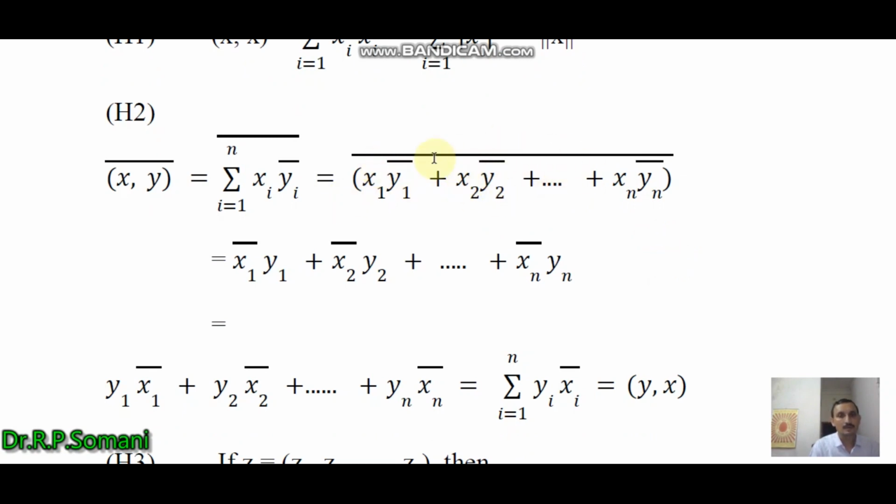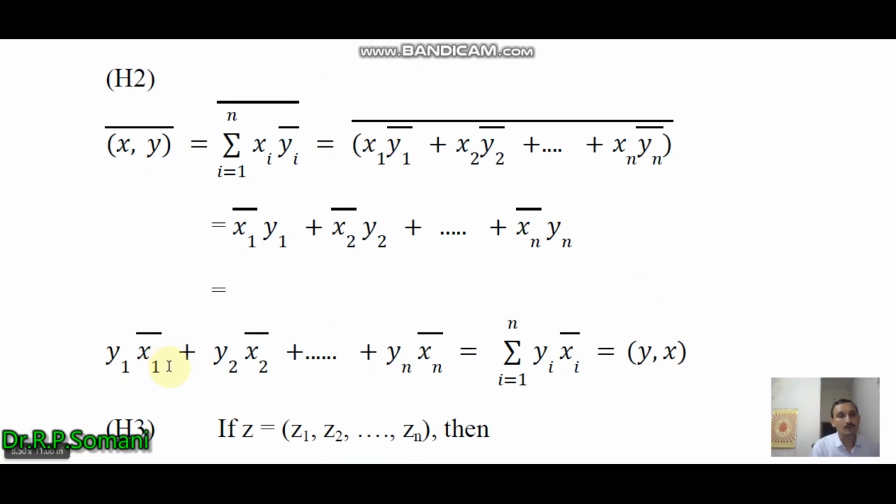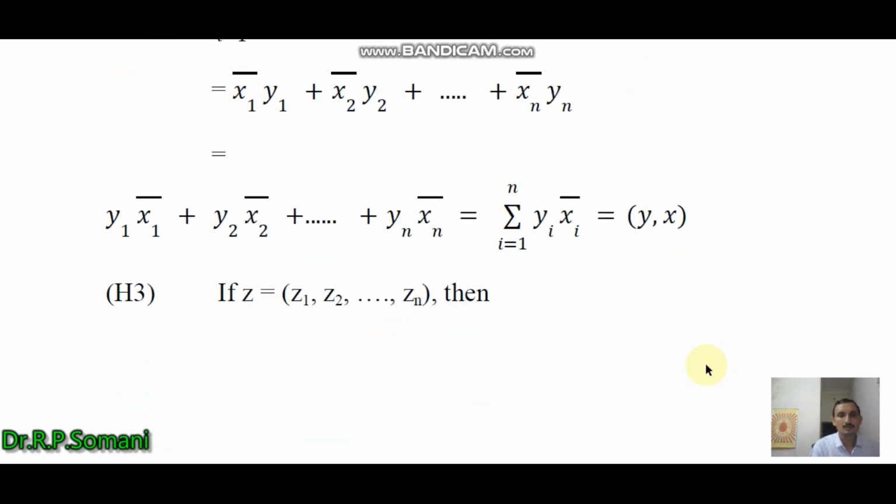Therefore, applying the conjugate, we obtain x1 bar y1 plus x2 bar y2 plus xn bar yn, and this we can write as y1 x1 bar plus y2 x2 bar plus yn xn bar. This is equal to the summation, i varying from 1 to n, of yi xi bar, and this is equal to yx. So this is the second condition for the Hilbert space.